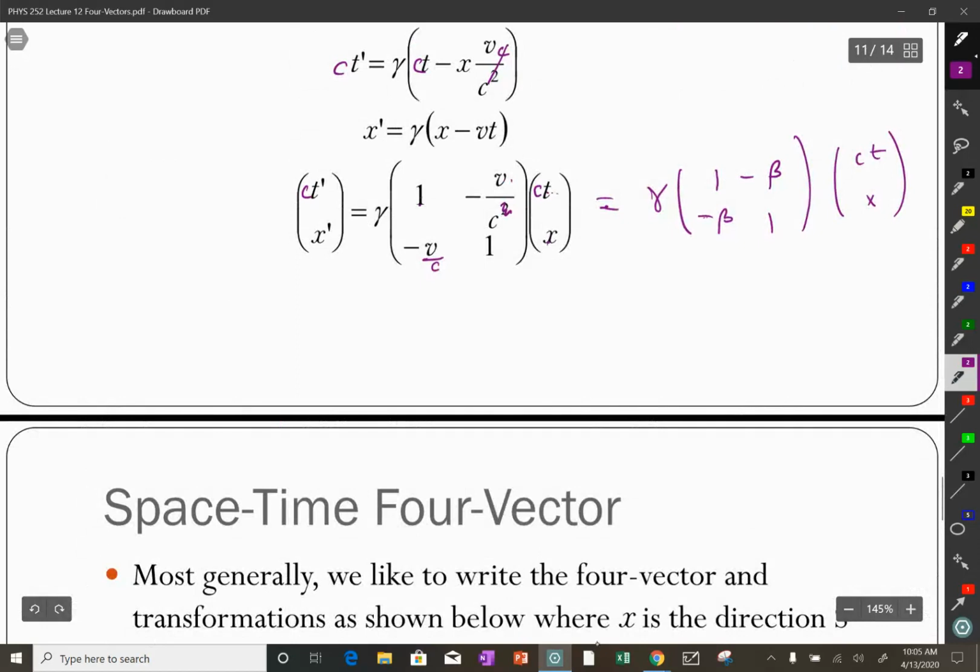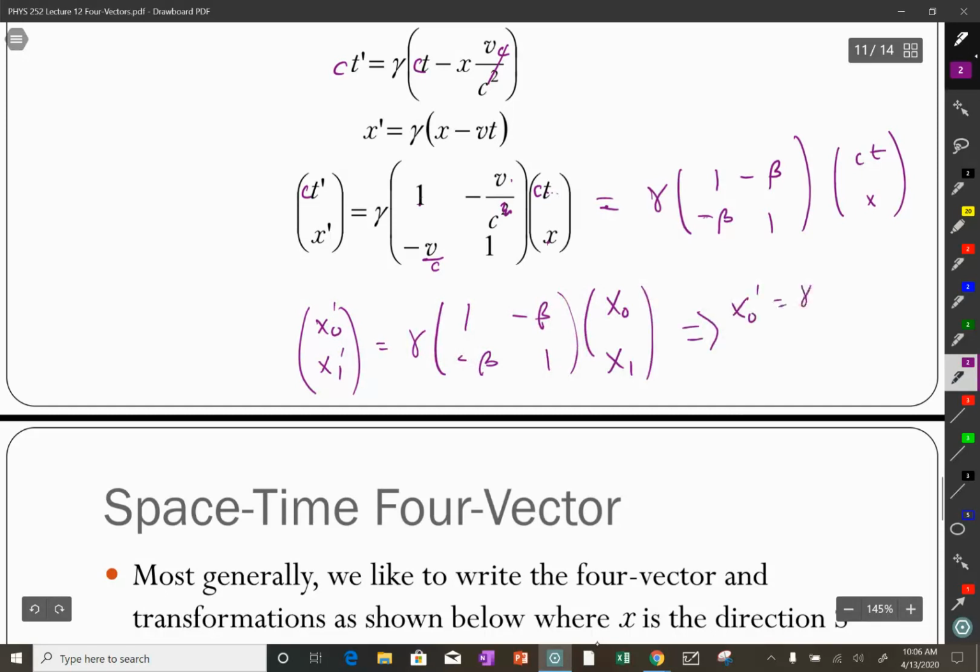That is x0, x1 prime equals gamma 1 minus beta 1 x0, x1, which gives us x0 prime is equal to gamma x0 minus beta x1, and x1 prime equals gamma times minus beta x0 plus x1.